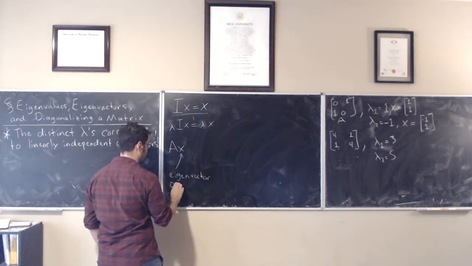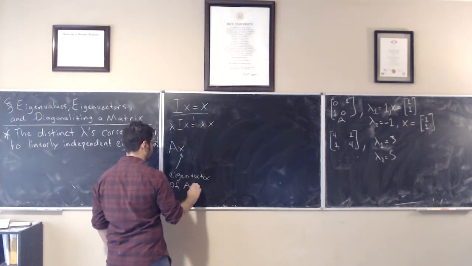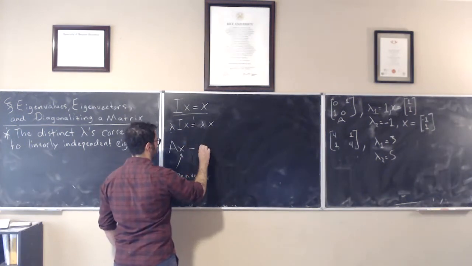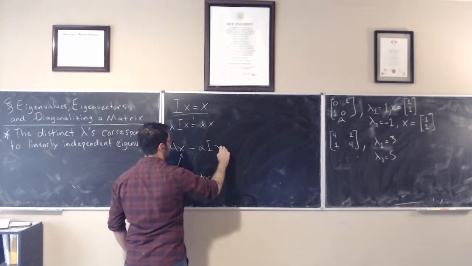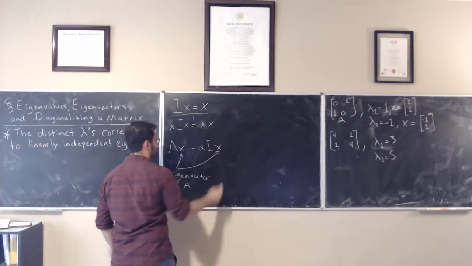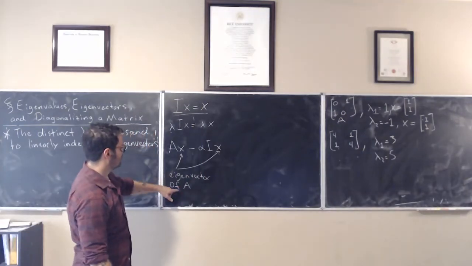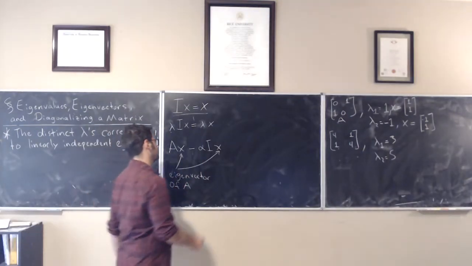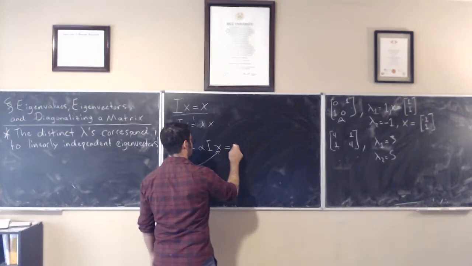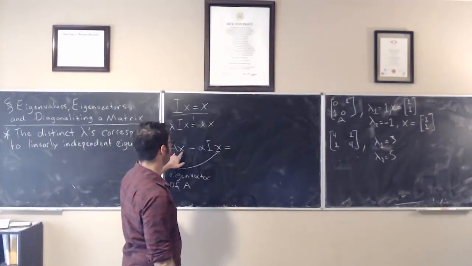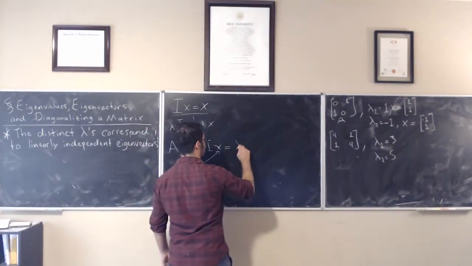Assume x is an eigenvector of A. And then alpha times I x, x is still going to be an eigenvector of A. Well, AX is going to be equal to lambda x.